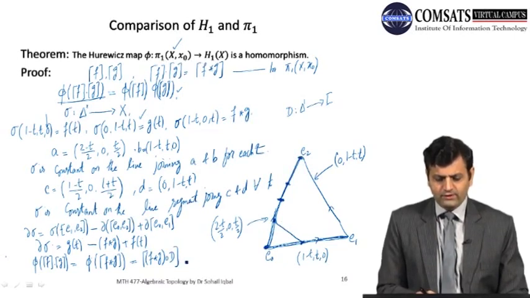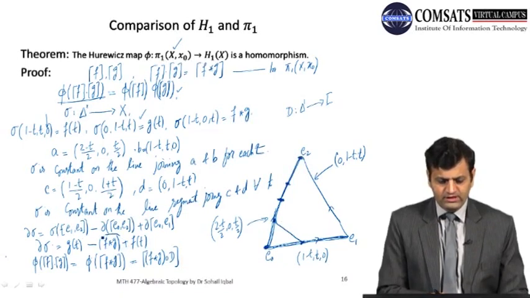Okay, now we have proved that F star G and F plus G differ by an element of the boundary.